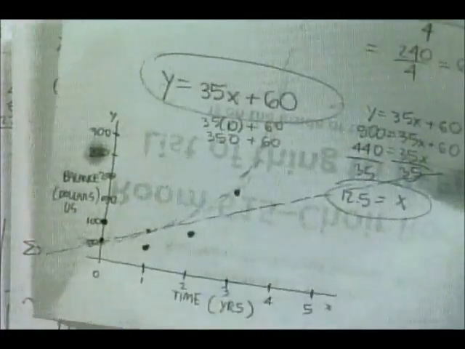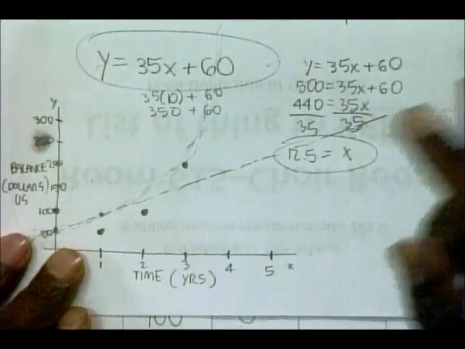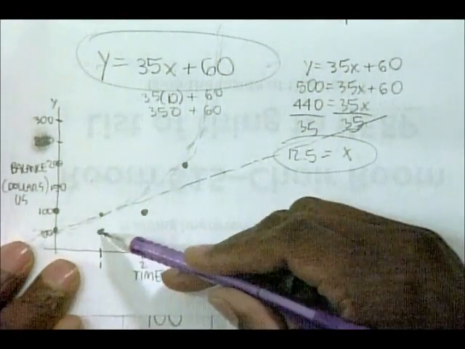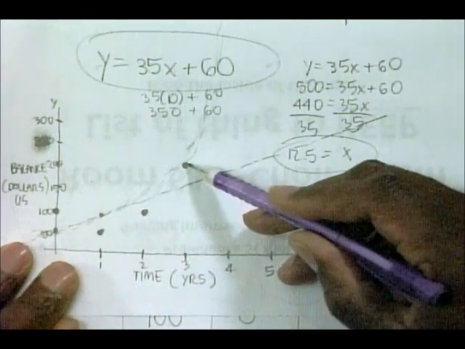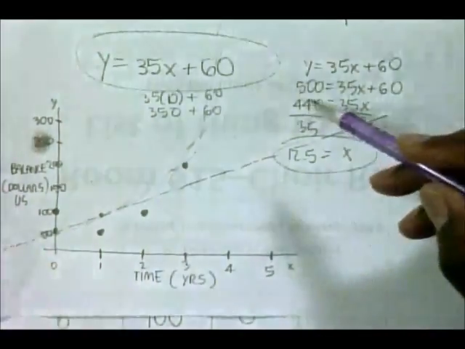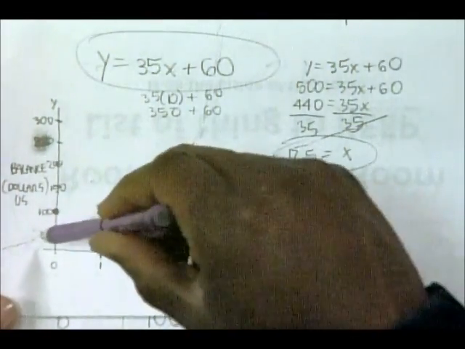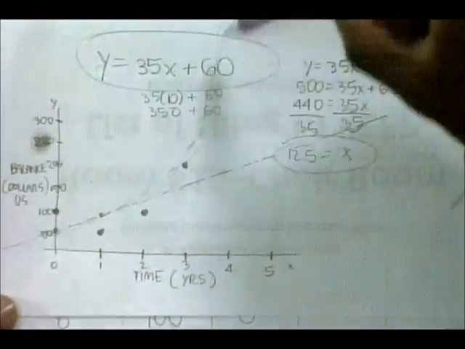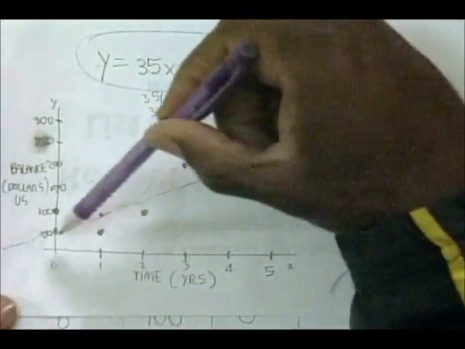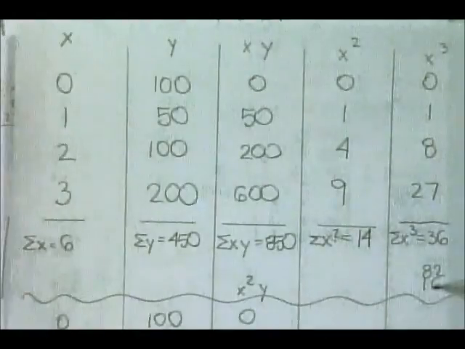This data, if I plotted all those points, and if you were to draw the best parabolic representation of this data, it would form the equation of the parabola that I've got right here.